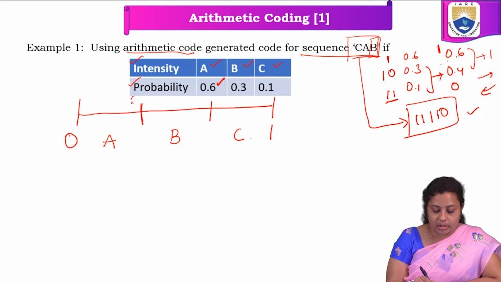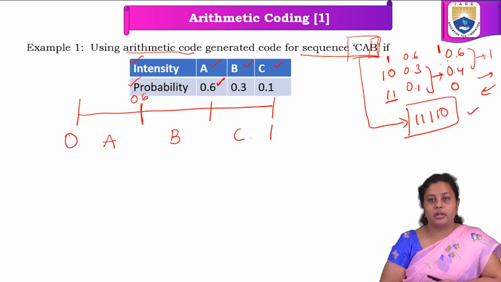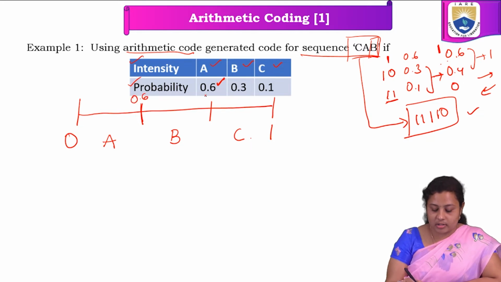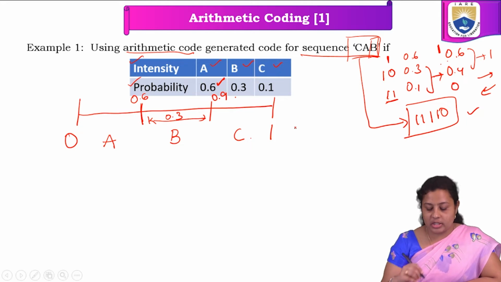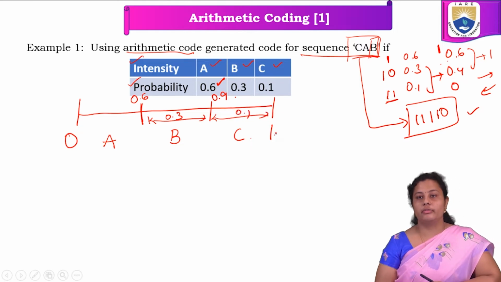So that probability I'm going to write as 0.6, and this is 0.3, so the length should be 0.3. I write it as 0.3 plus 0.6, which is given by the value 0.9. Now the end value C is given by the probability 0.1, so the length should be 0.1, and we get 1.